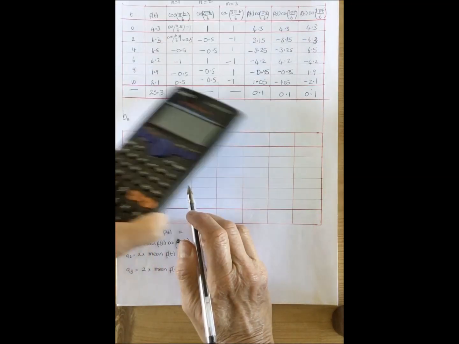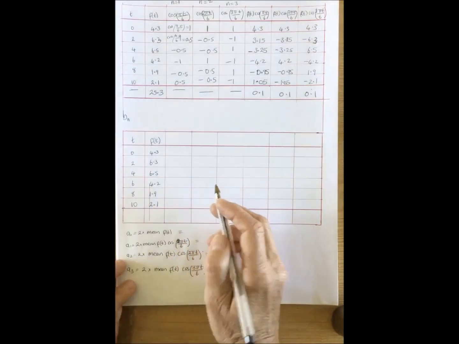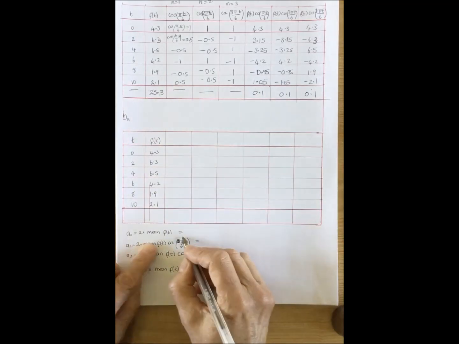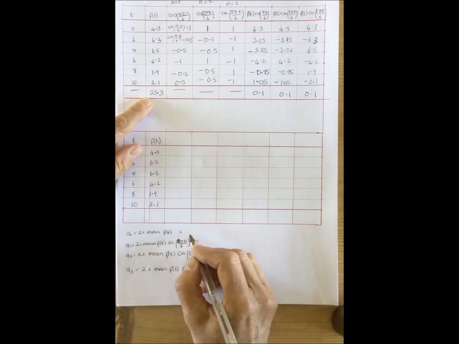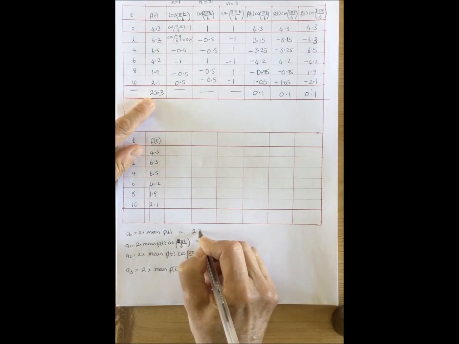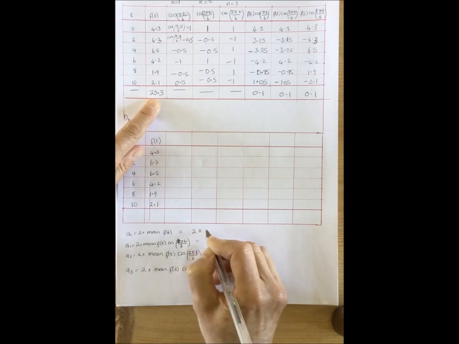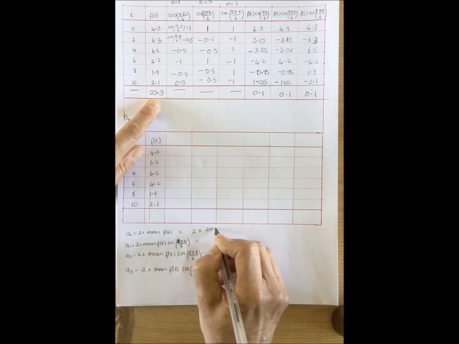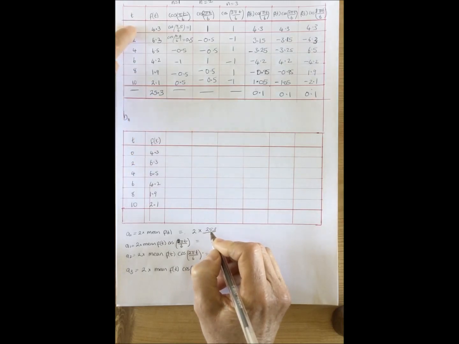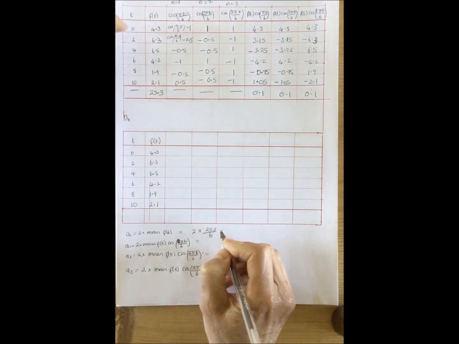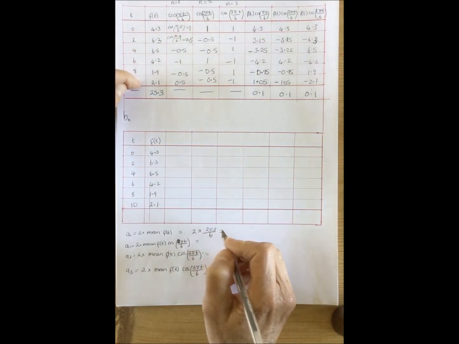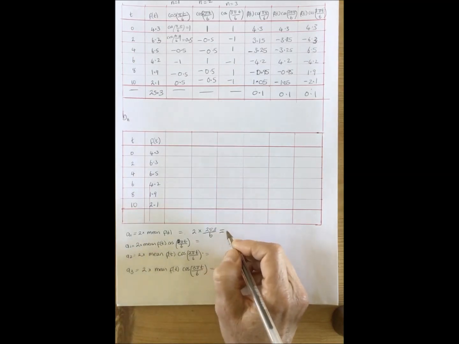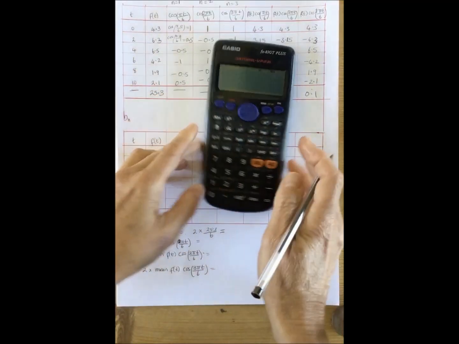We've done the A ends, we've got the values for the A ends. Actually, I could finish this bit off down here now while I've got this table done. A0 is going to be 2 times the mean value of f of t, which is 25.3 divided by 6. Because there are 6 numbers, 1, 2, 3, 4, 5, 6. All right, so this is A0. Let's find out that.